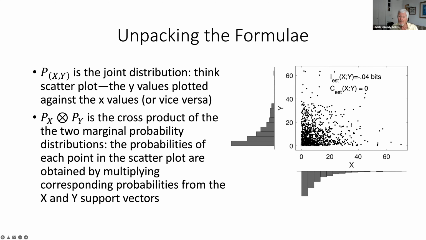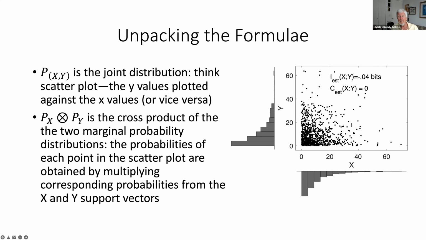And similarly, if you imagine slices along this axis, what do we learn about Y from knowing the value of X? Well, again, if you squint at this, it looks like practically nothing. And in fact, these were completely independent distributions that I used in making this scatter plot.